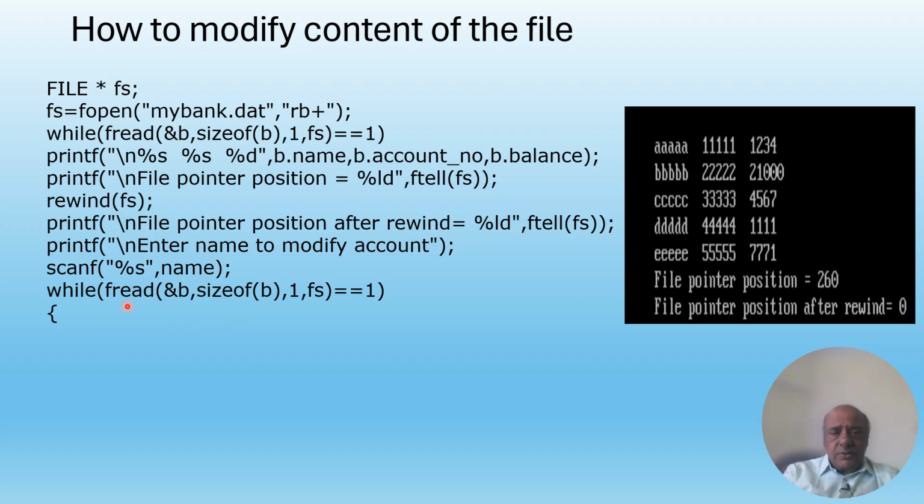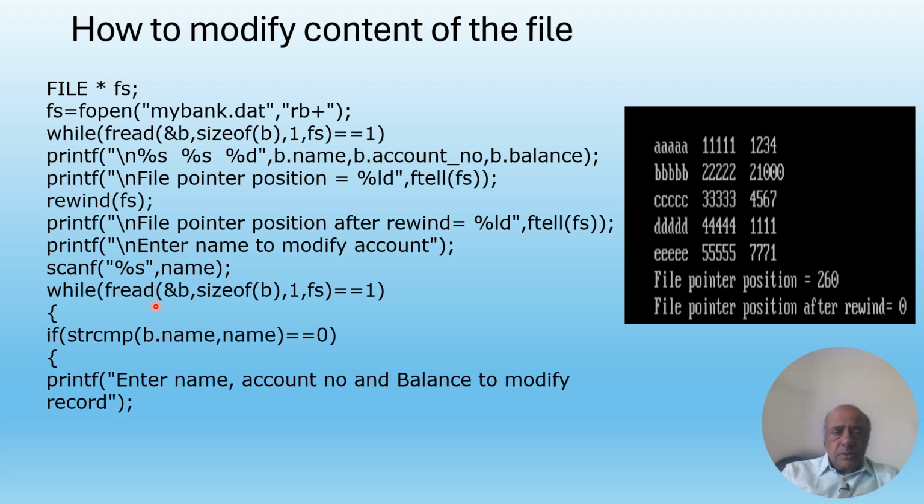So this fread will again start reading the data from the beginning of the file. What we do in this is we compare the name given by the user for modifying the data with the name that is available in the file.